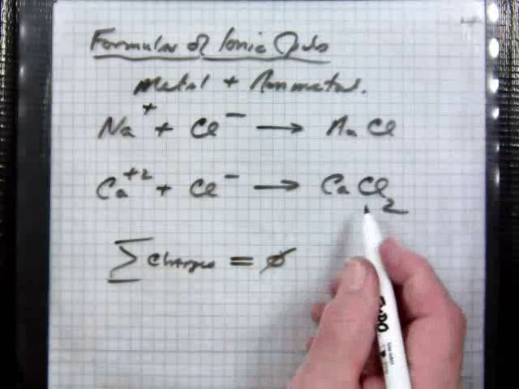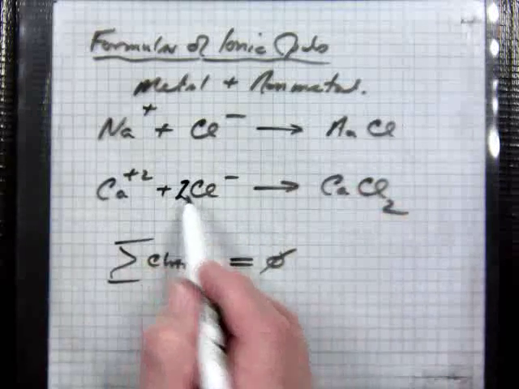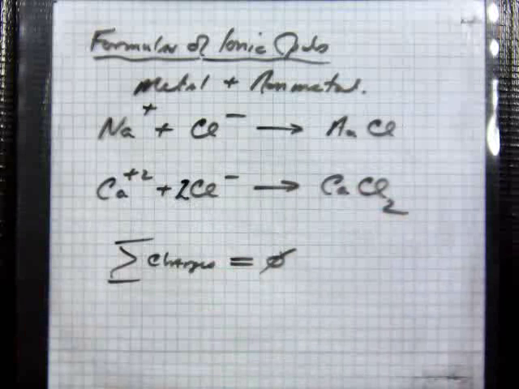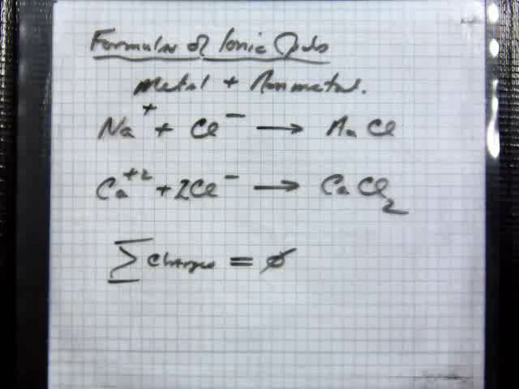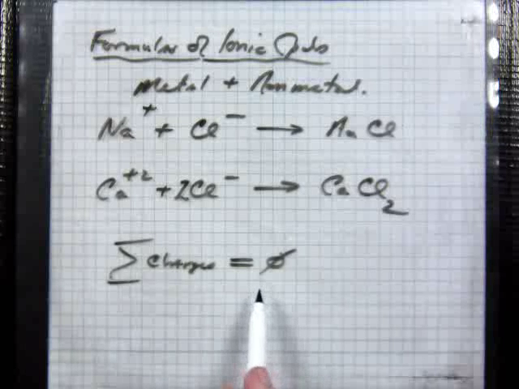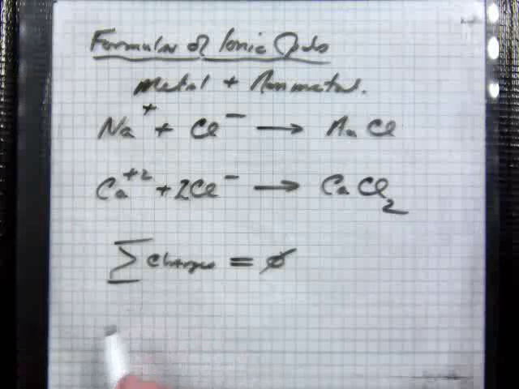Anyway, when you look at the charges on these, that's why we have to have 2 chlorides, because you have to have 2 negative charges to cancel out the 2 positive charges here. And so that's a common denominator for all ionic compounds. The sum of all charges, or oxidation states, must be equal to 0. And that includes those with multiple oxidation states.